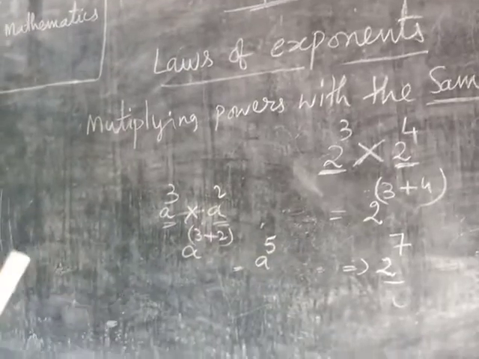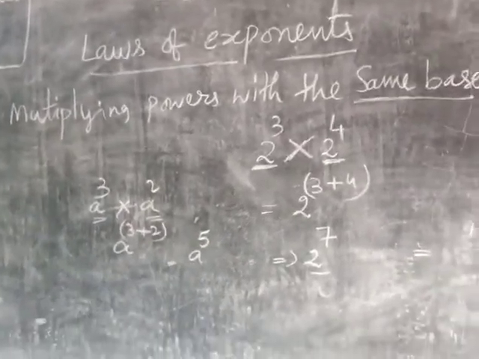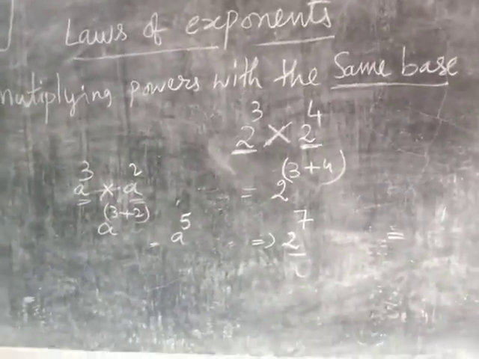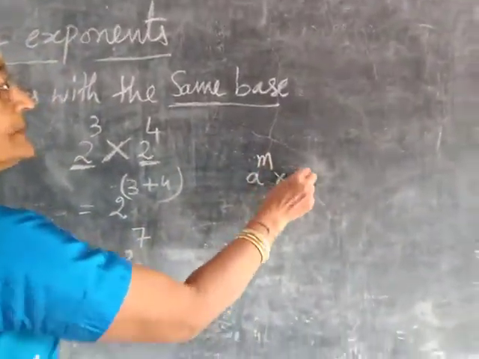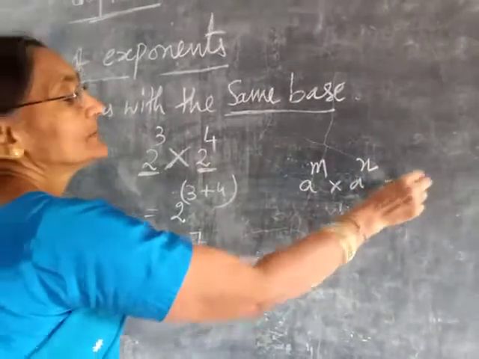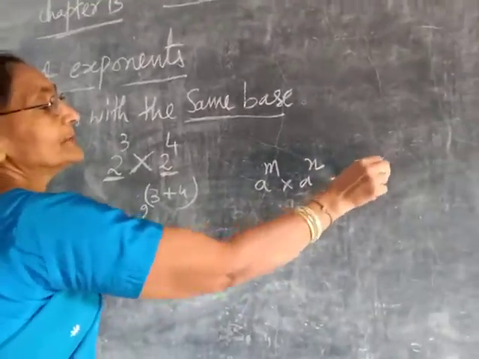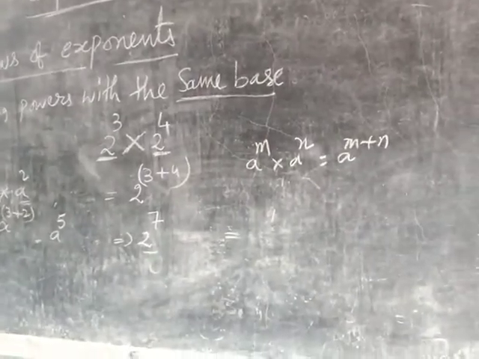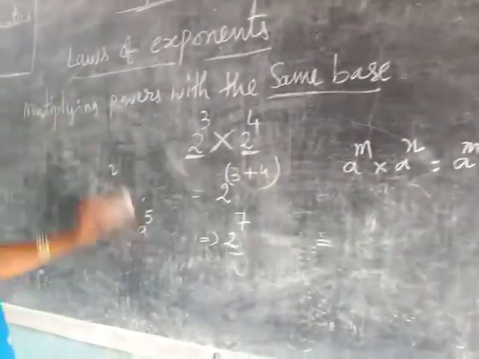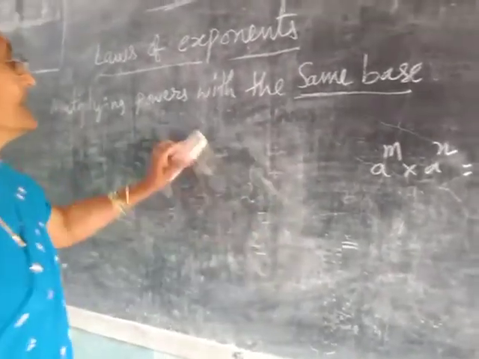Do you understand? This is the formula: a to the power m into a to the power n equals a to the power m plus n. This is the formula of multiplying powers with the same base. Do you understand now? Now next.